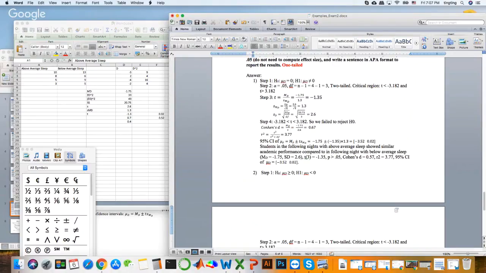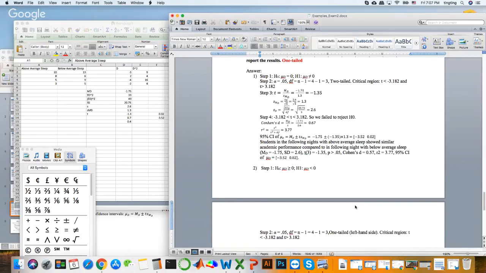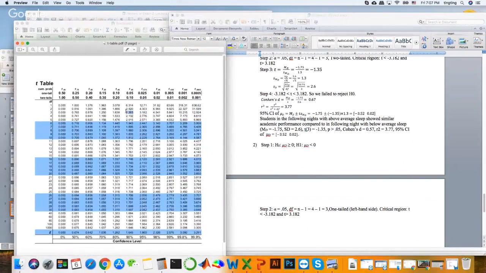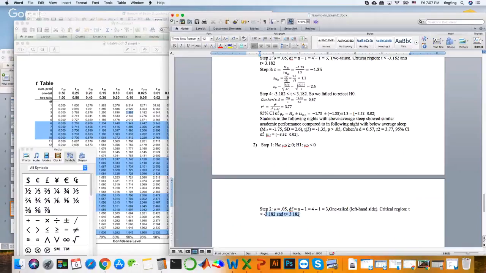And then step 2, the critical region. So it's a one-tailed test. And because it's smaller than 0, it's the left-hand side. Go to the table, one-tailed. Step 3, you have the t value.